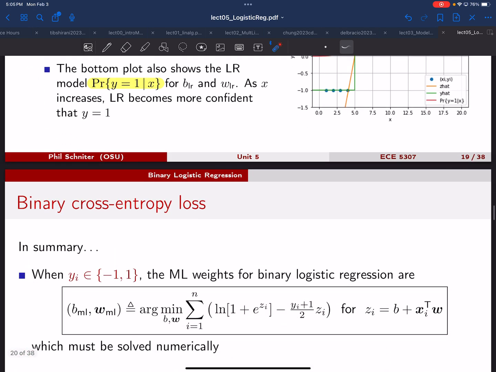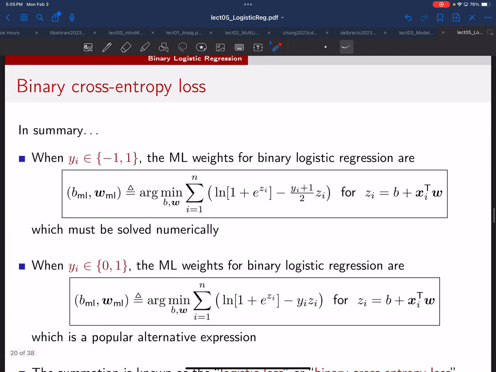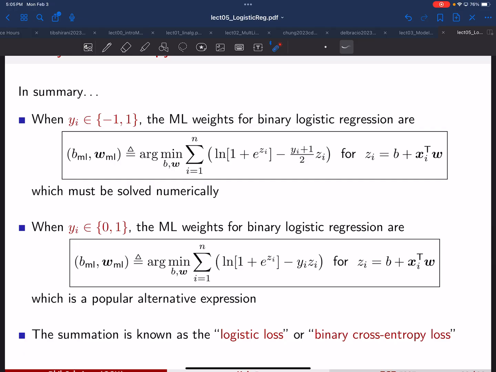Okay, so that's the method, and this is just a summary because it's an important equation. Here I've put it in a box, and this is exactly what we derived a couple pages ago. This is when y_i is -1 and 1. In many sources, you'll see a similar derivation or results when the labels are 0 and 1, and you have a slightly different expression.